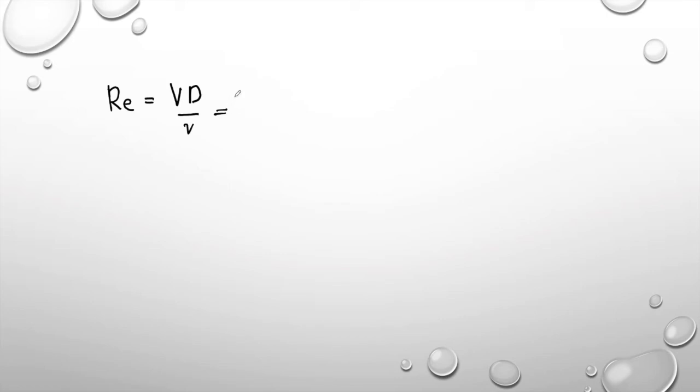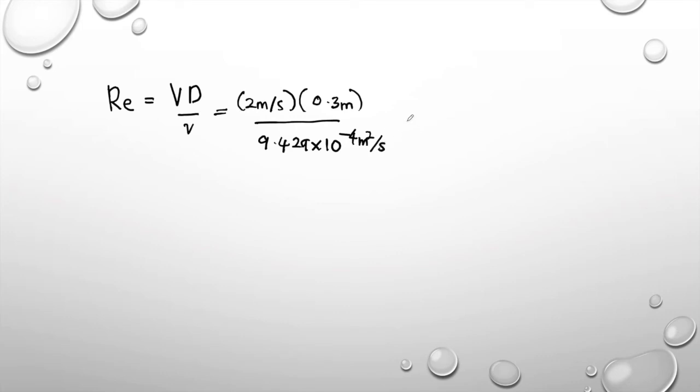The velocity is 2 meters per second times the diameter 0.3 meter, divided by 9.4 times 10 to the power of minus 4 meter squared per second.